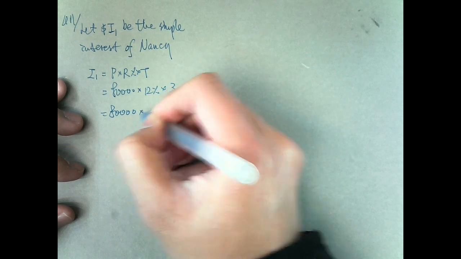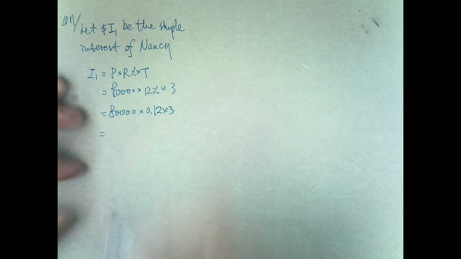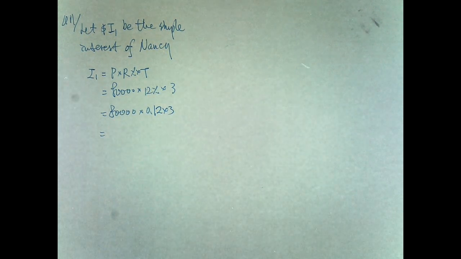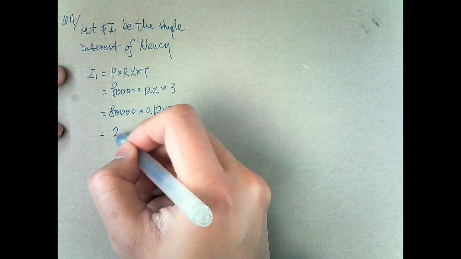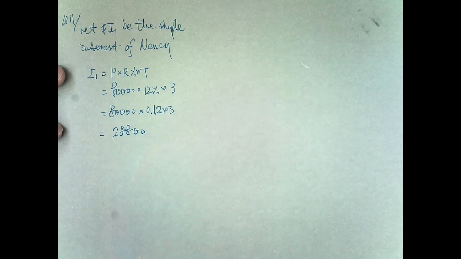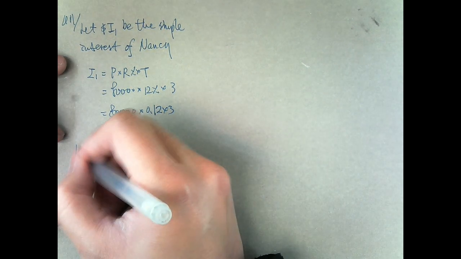And then 80,000 times 0.12 times 3, okay? Then go to your calculator. So this is 28,800. Understand?